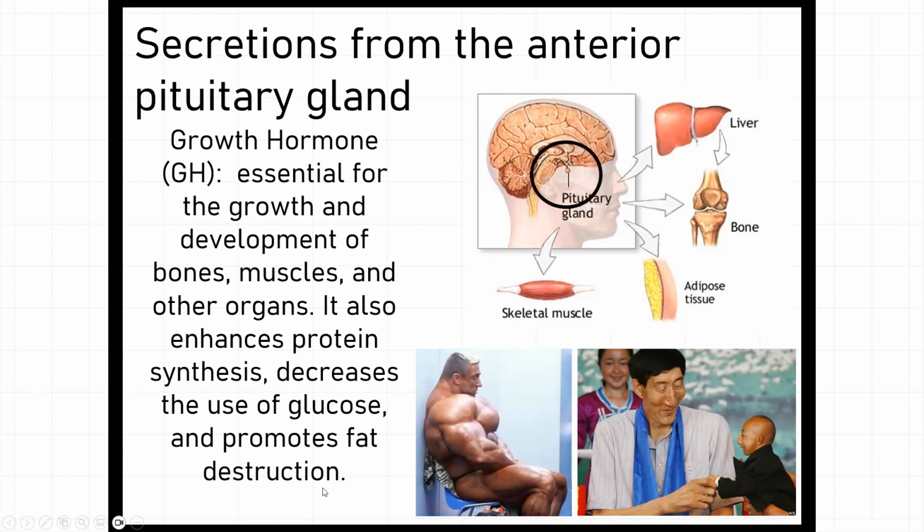If there is hyperplasia of the anterior pituitary and it secretes growth hormone in excess, beyond the age when it is required, it may lead to gigantism, or another problem called acromegaly. And if it is not produced in sufficient amount at the proper time when it is required for growth, there is a chance of a person having dwarfism.